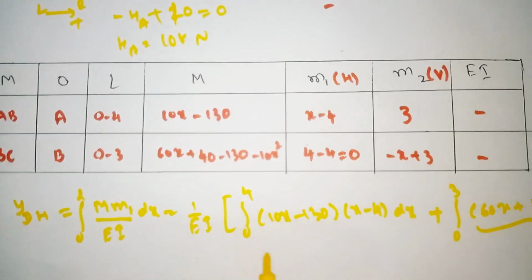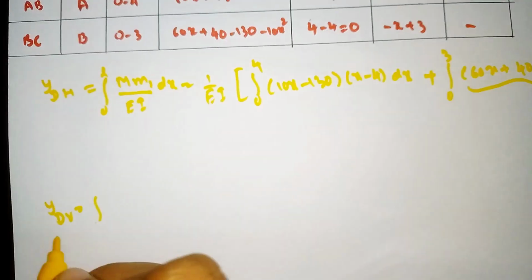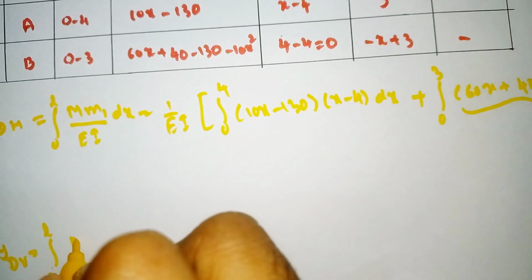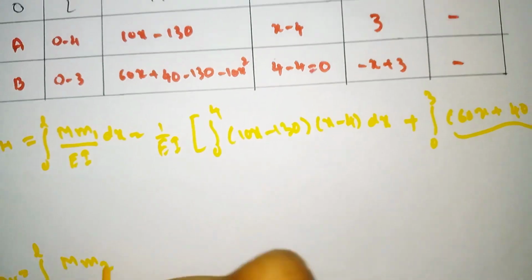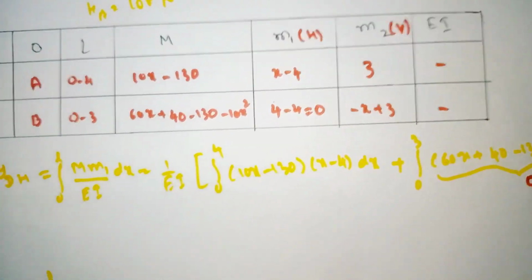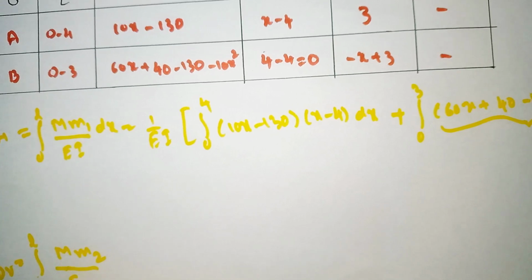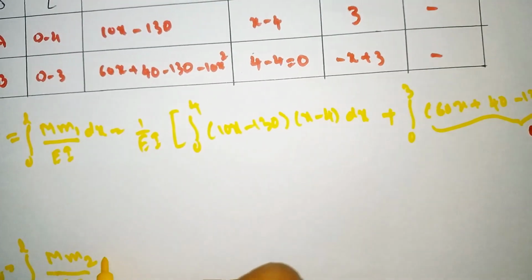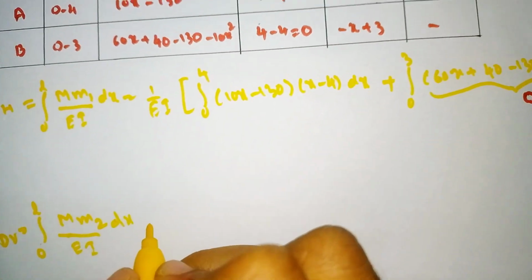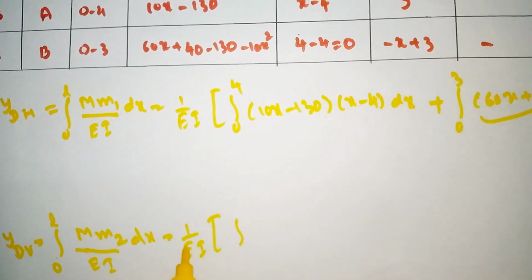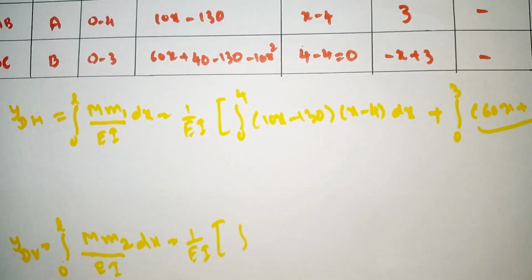So now we'll solve. For vertical deflection also I will write it. We have the formula integration of 0 to L of capital M into small m2, where m2 is taken as the vertical, divided by EI into dx. 1 divided by EI I have taken as constant, so I am taking it outside.